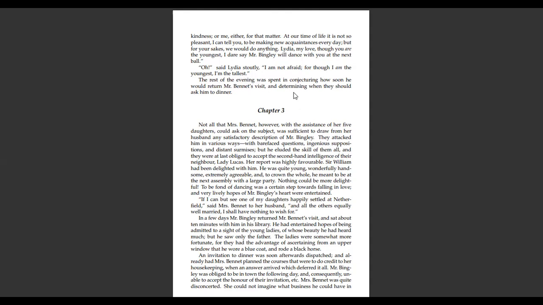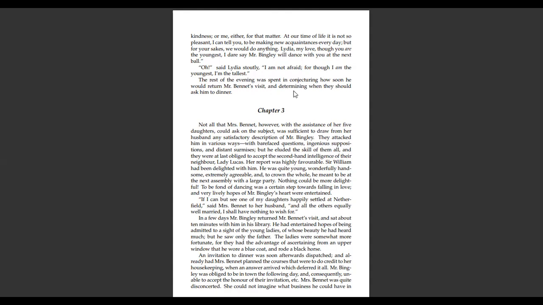Her report was highly favorable. Sir William had been delighted with him. He was quite young, wonderfully handsome, extremely agreeable, and to crown the whole, he meant to be at the next assembly with a large party. Nothing could be more delightful.